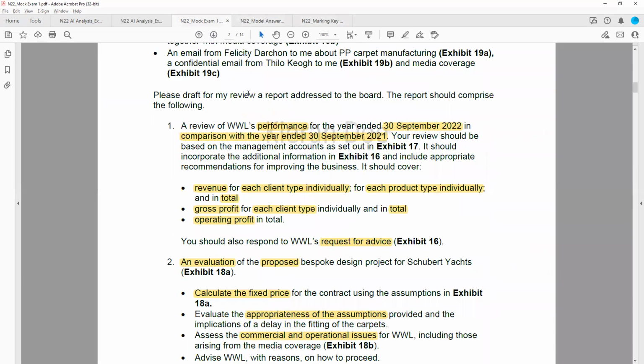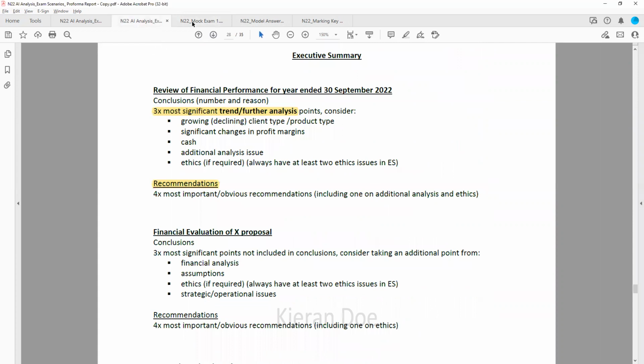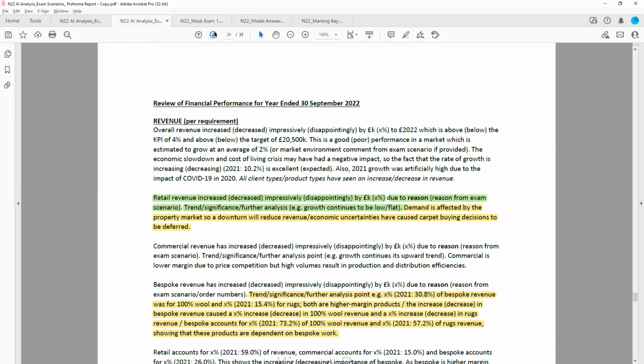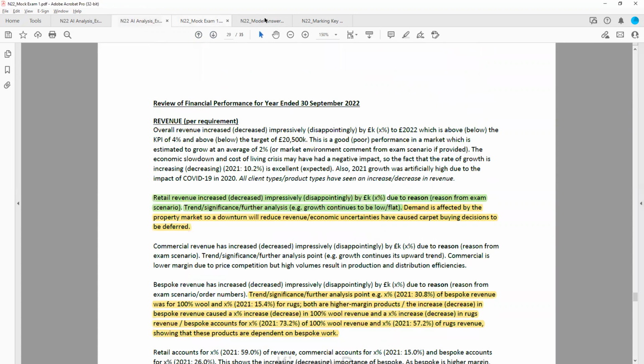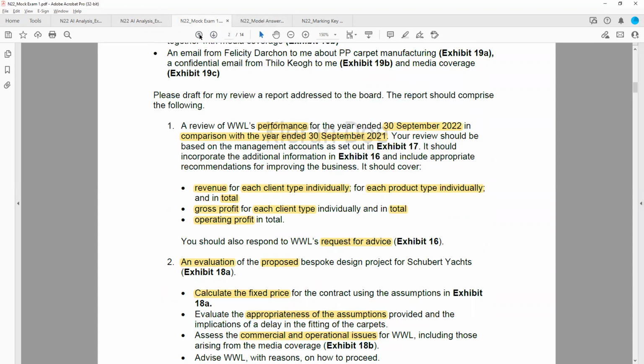So requirement one is not too different from what you have seen previously when doing performance and position analysis, and a lot of the skills are the same. Focus on exactly what you've been asked for, and use the scenario as much as possible in your answer. In the actual exam you have the pro forma report to guide you and remind you of key points, but always remember to use the exam paper information as much as possible.